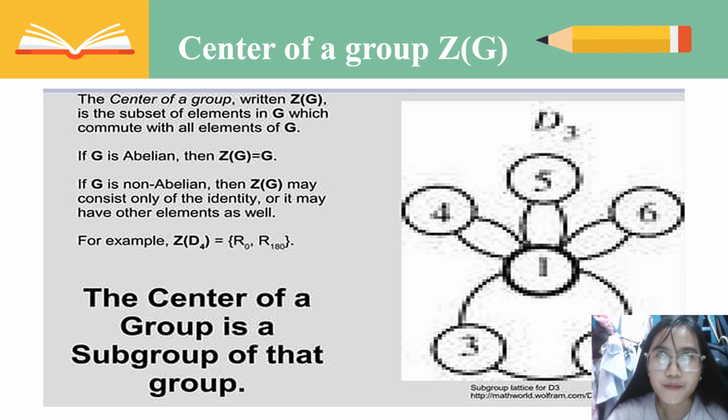For example, Z(D₄) equals {R₀, R₁₈₀}. The center of a group is a subgroup of that group, and this shows that every center of a group is a subgroup.